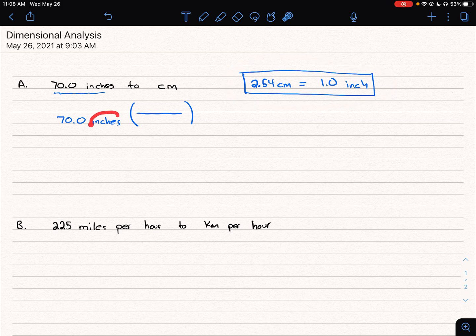So here we want to change inches into centimeters. We want to end up with centimeters. So I'm going to put centimeters on the top of my fraction, inches on the bottom of our fraction. And then we're going to go to our unit conversion and say it's 2.54 centimeters to 1.0 inches.